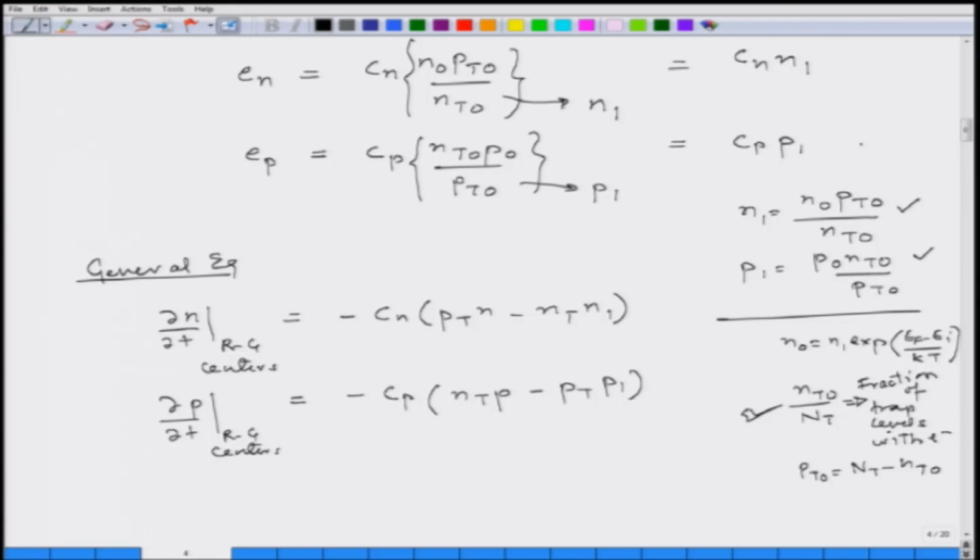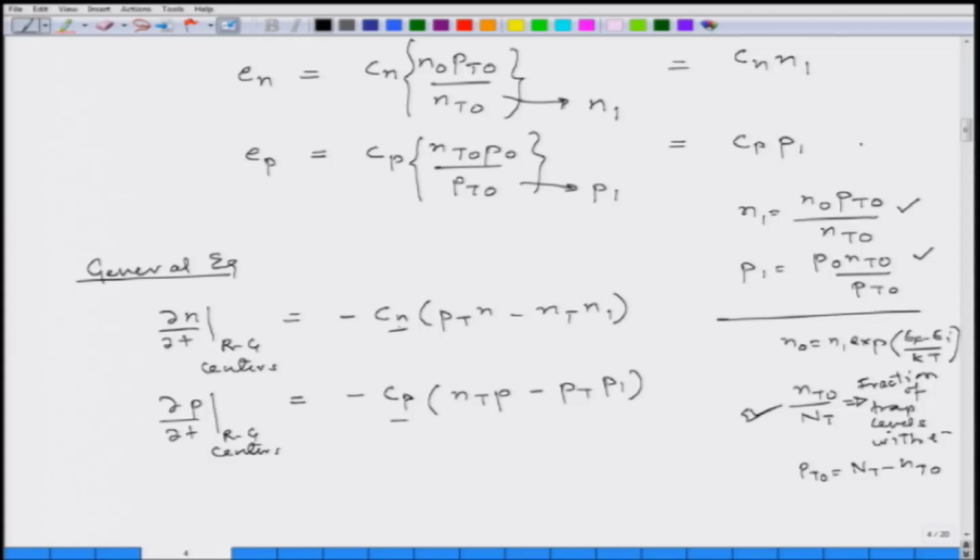and now we have then R-G statistics which can be written in this term, where starting from 4 rate constants, using the equilibrium condition, we have reduced it to two constants, which is the capture of electron and capture of the holes by the R-G center, and this expression here.